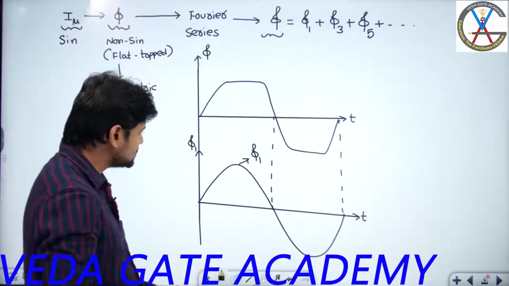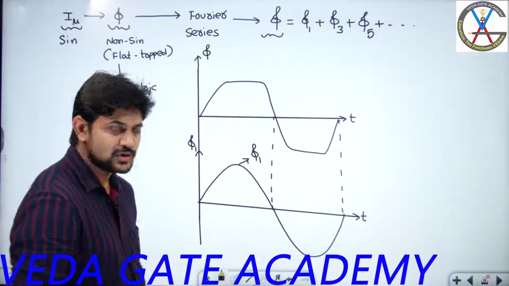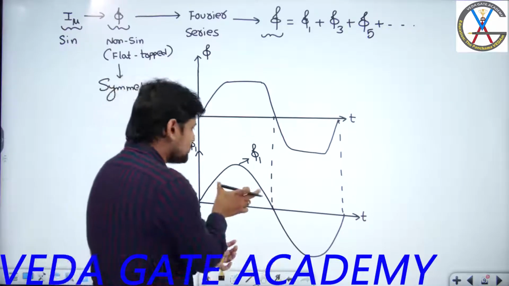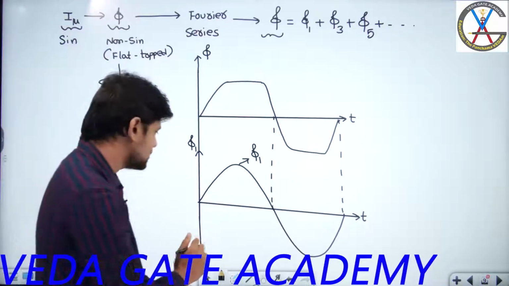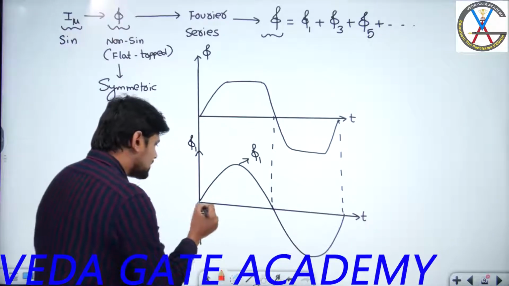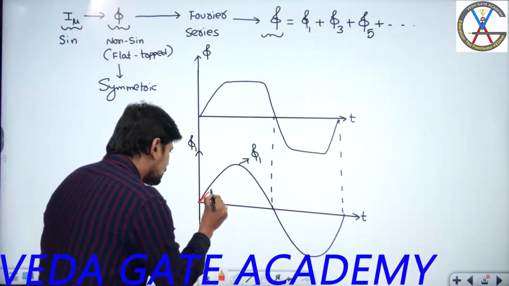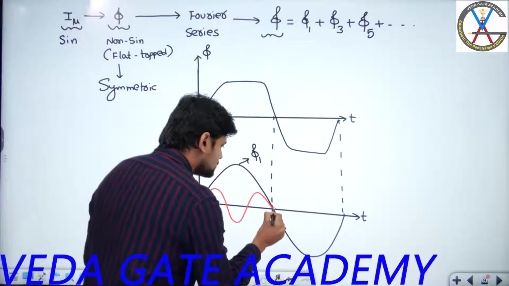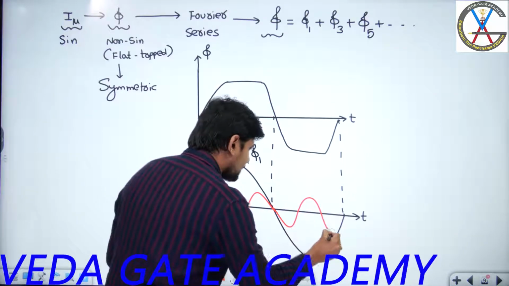Now what is the shape of the third harmonic flux I have to choose? The third harmonic flux will make 3 half cycles within this 1 half cycle of the fundamental component of flux. But do I need to draw the third harmonic flux in this direction or the downward direction? I need to draw it in this fashion. This is first, this is second.